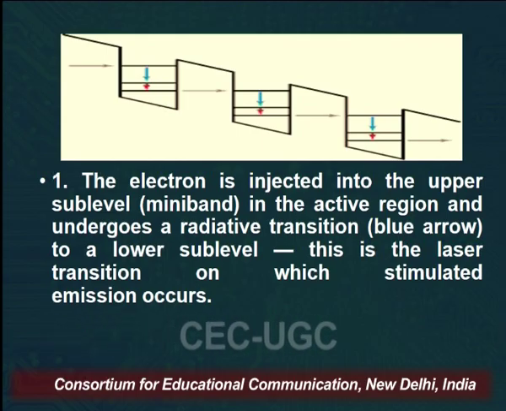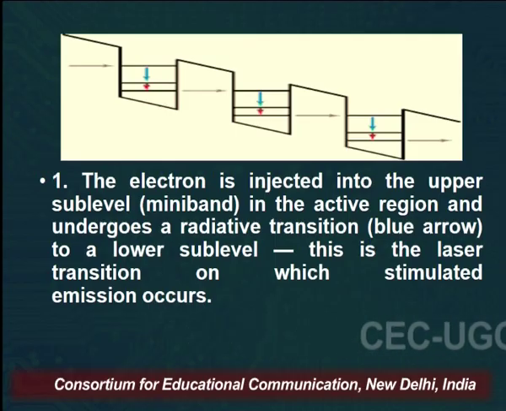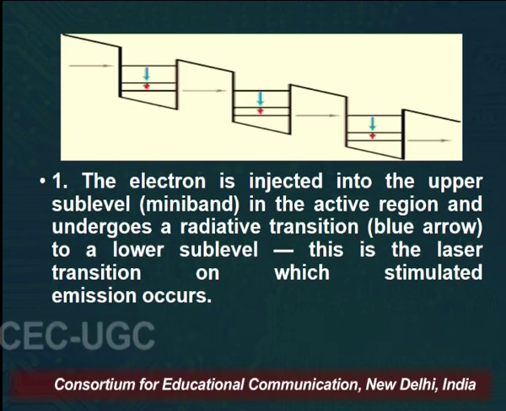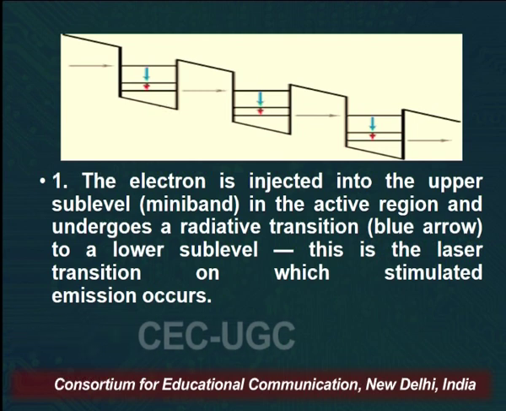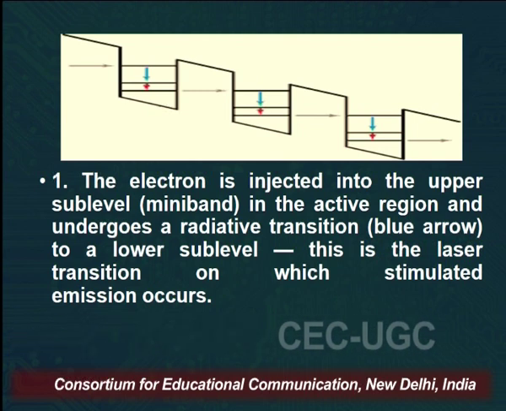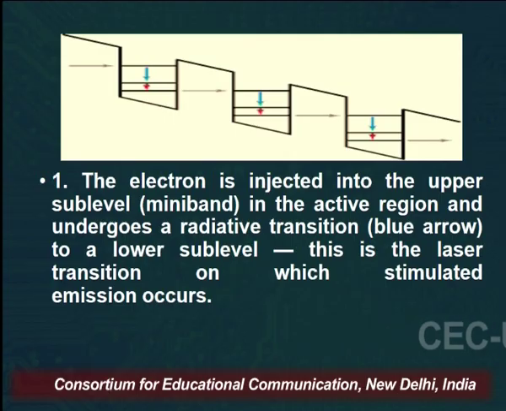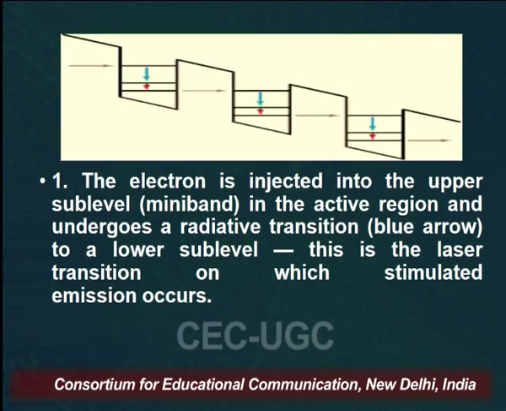You can see the grey arrow from the left hand side: the electron is injected at the upper sub band, and from the upper sub band it goes to the lower sub band. So it undergoes the radiative transition shown in blue.